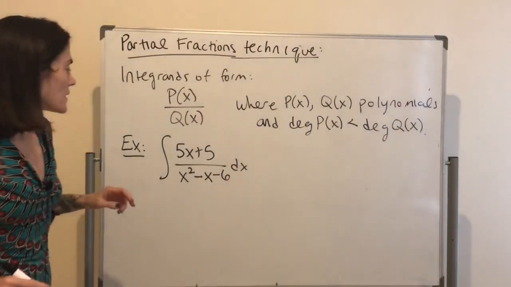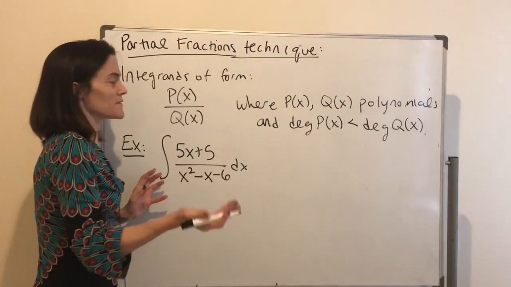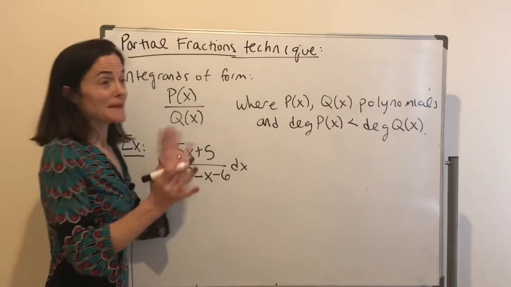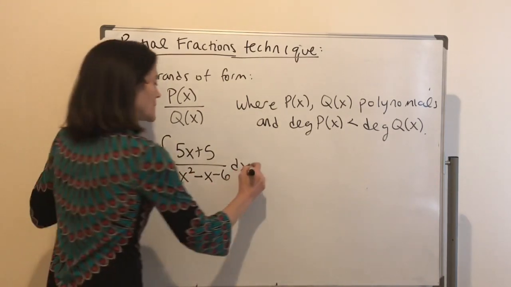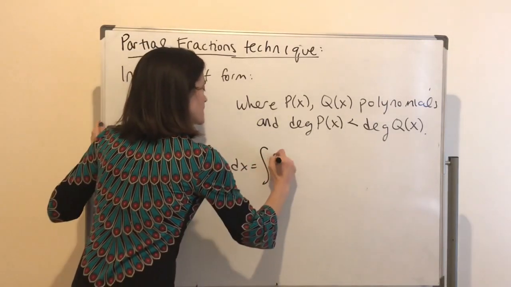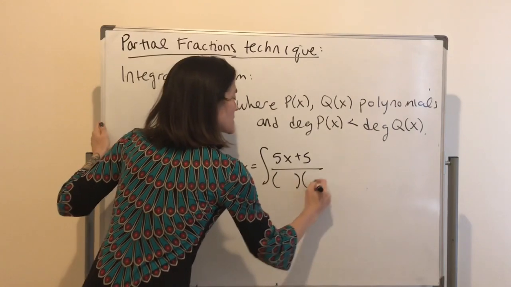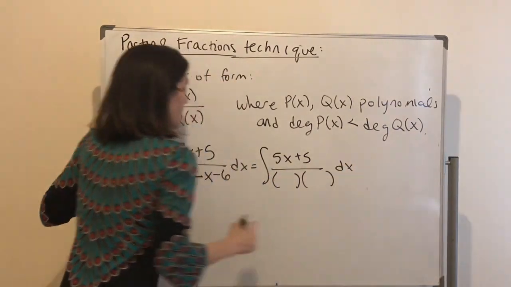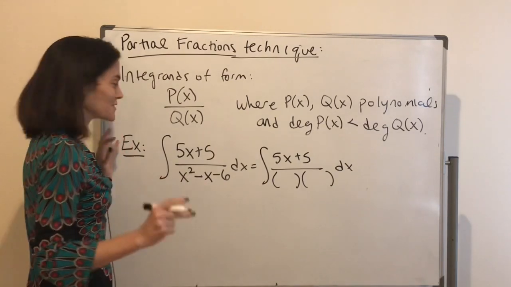Well, the first thing we want to do, if we get inspiration from the beginning example, is look at the denominator factored. So here, this is 5x plus 5 over, we factor this as much as we can, and this factors into two linear terms.